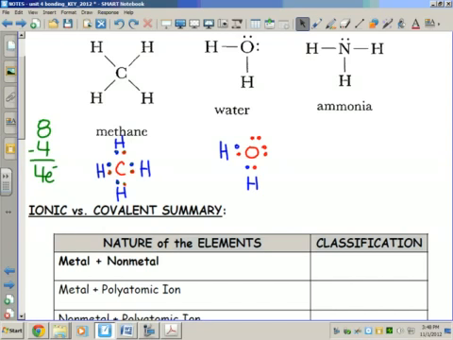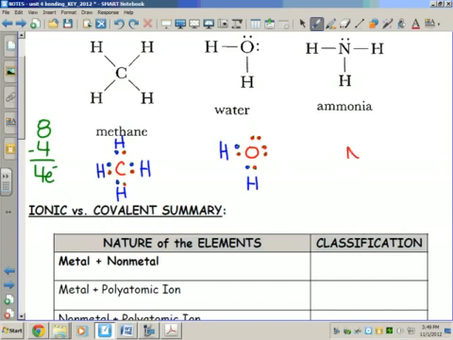Again, just like the previous example, you see 1, 2, 3, 4, 5, 6, 7, 8 valence electrons surrounding oxygen now. By sharing a valence electron with 2 hydrogen atoms, oxygen gets a full octet. And the same thing happens as it did in the previous example with hydrogen. By sharing 1 valence electron with oxygen, each hydrogen gets a full valence shell.